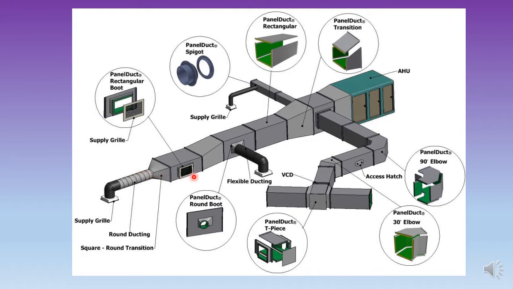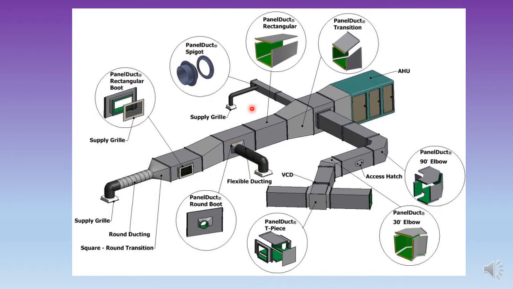Alright, and we also have the panel duct rectangular boot to connect the main trunk with the branches, and the panel duct round boot to connect the rectangular rigid duct of the main trunk with the round flexible ducting.